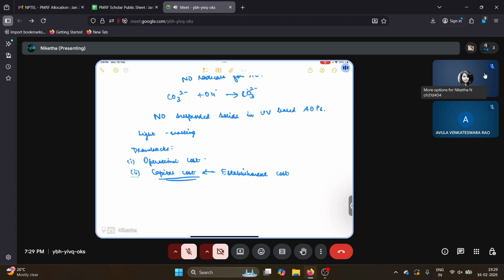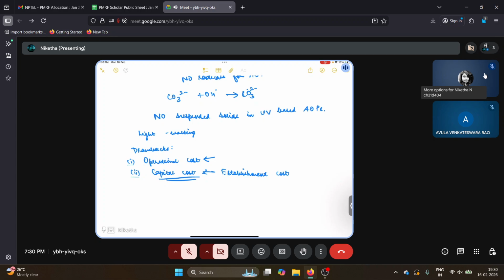The second one is the operational cost. Operational cost means once you have built the STP, now you need to run it. For running it, you will need some money: for buying electricity, for buying chemicals which are required every day to be added to the STP. We need sufficient manpower, labor, to ensure that the sludge is removed on time.